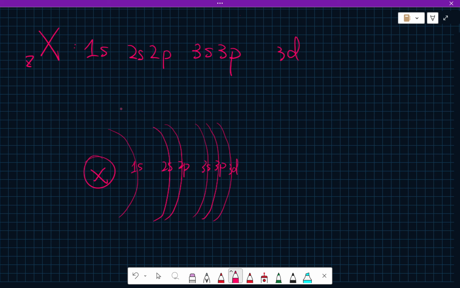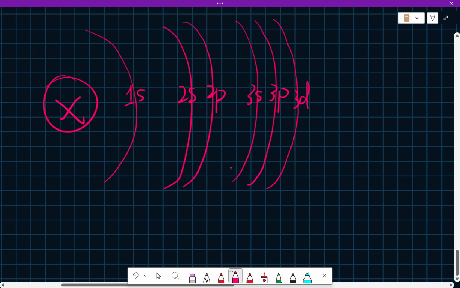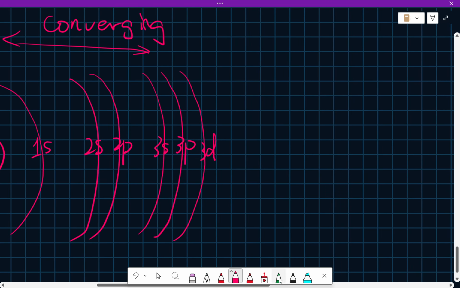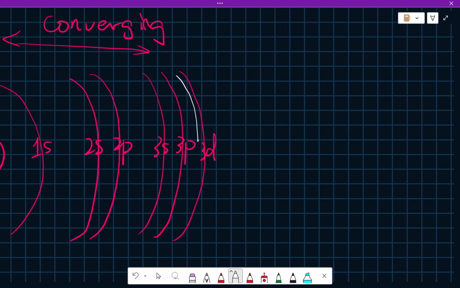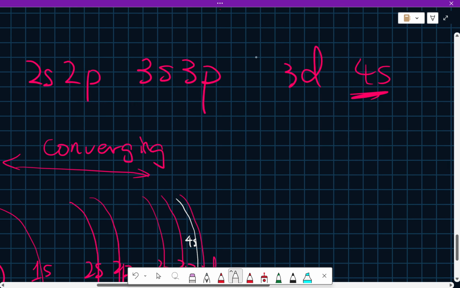But since the energy levels are converging, the 3d and the 4s, which is the first orbital for energy level 4, are so close that the 4s orbital actually fills before the 3d orbital. So we would actually have 4s before 3d.